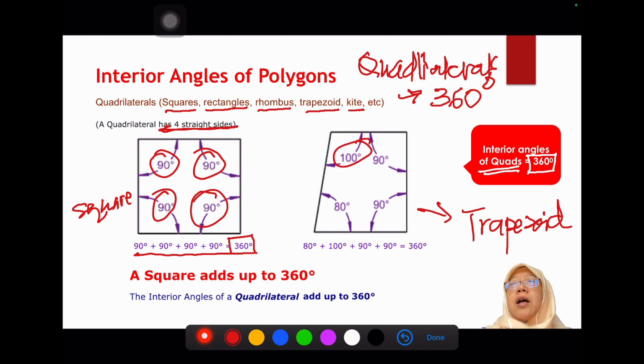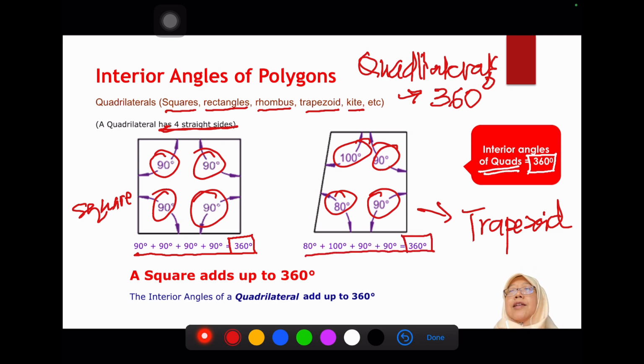You look at all the angles inside and you add them up, it will give you 360 degrees. So for any quadrilaterals, the total interior angles will add up to 360 degrees. With this information in mind, you can then find unknown angles in any quadrilaterals.